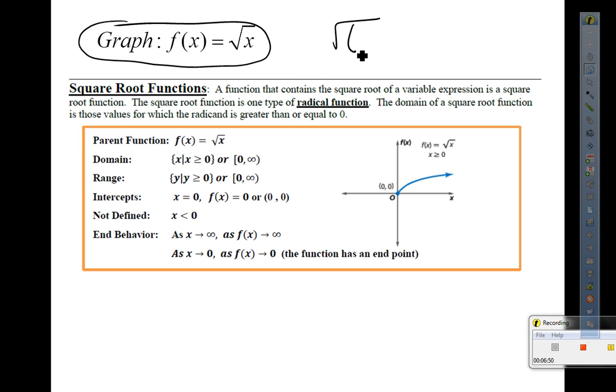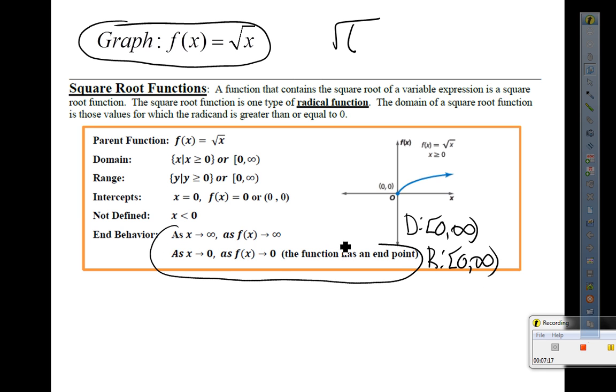But here's some things about the square root. Its domain is going to be 0 to infinity. In this case, because it starts there at 0, its range is going to be also 0 to infinity. I'm not going to worry about the end behavior much. We did this just last chapter.